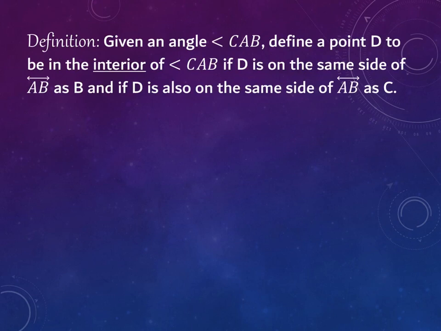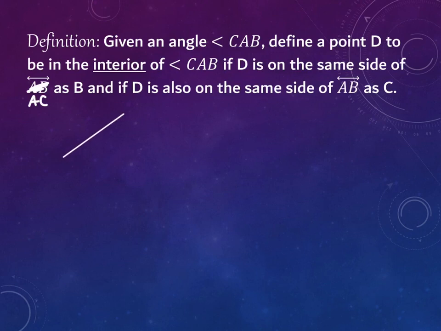I think that's a typo. Yeah, the first one should say AC. The same side of line AC as B, and then D is also on the same side of line AB as C.